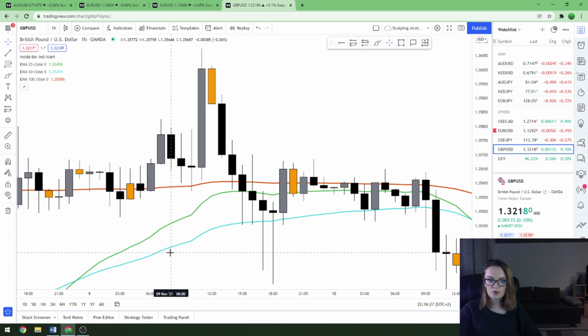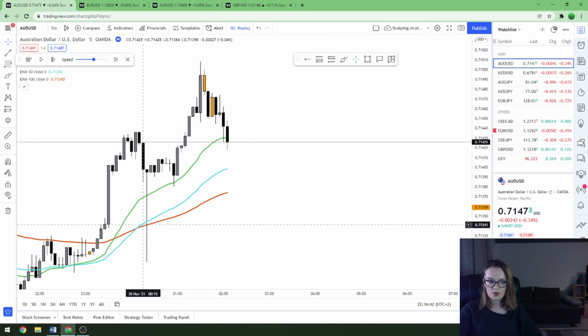So we have to avoid moments when the EMAs look like just horizontal lines, because again we are looking for an established trend.